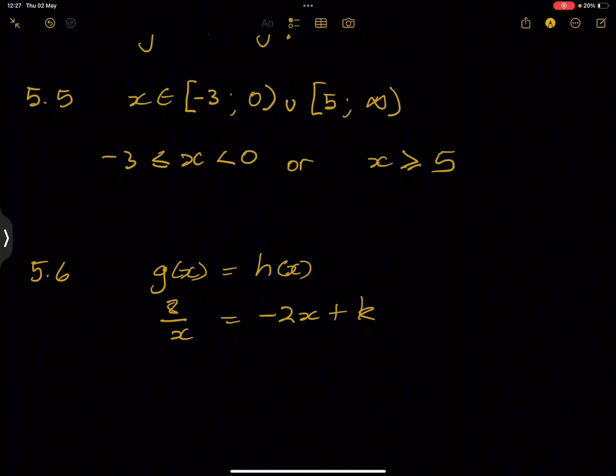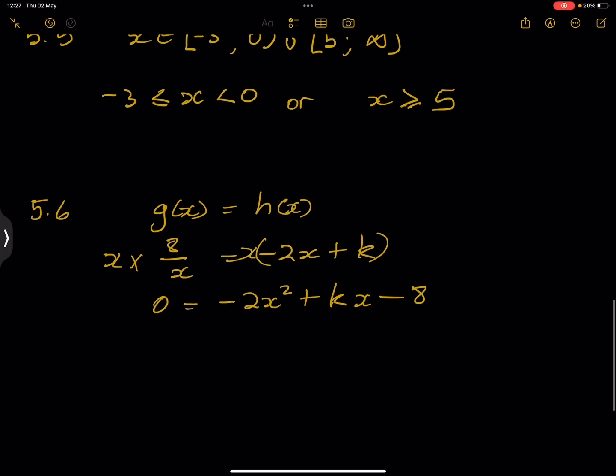I want us to try and write this in standard quadratic form. So I'm going to multiply throughout by x. So this would be 8 is equal to minus 2x squared plus kx. If we take the 8 to the other side, that would be minus 8, equal to 0.